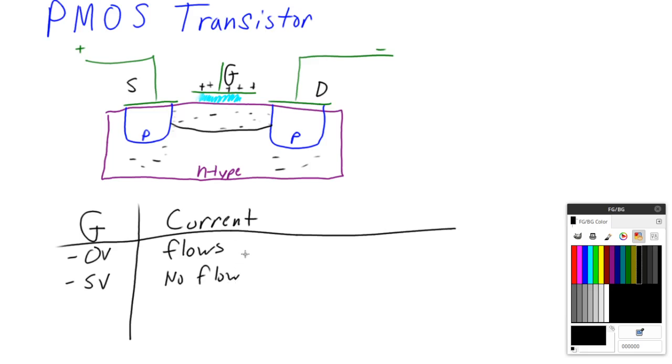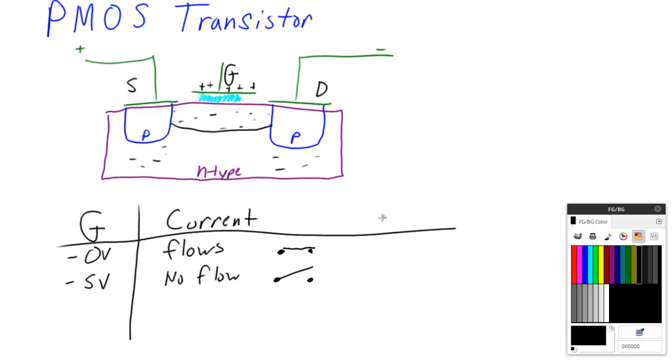So we can look at this as a switch, right? So our switch here, we've got current flowing. That means we've got a closed switch. Something's connecting these 2 points. But if we have no flow, that means it's an open switch.